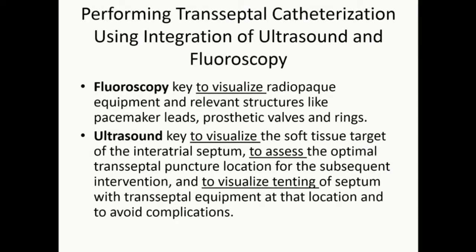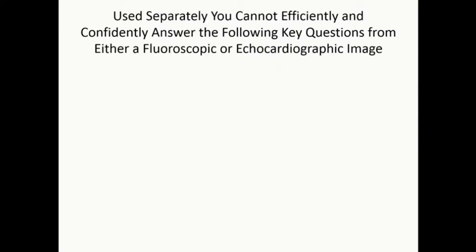So when you think about doing transseptal, and I'm going to focus on transseptal because I think it's obviously the first key step in a lot of these interventions, you use fluoro and ultrasound for visualizing different aspects, but you use them quite separately. And used separately, you cannot efficiently and confidently answer the following questions.